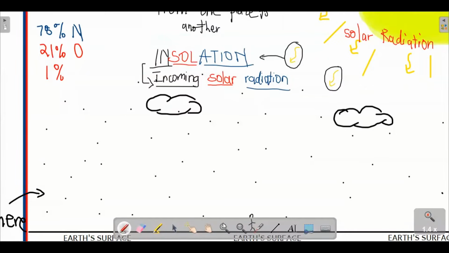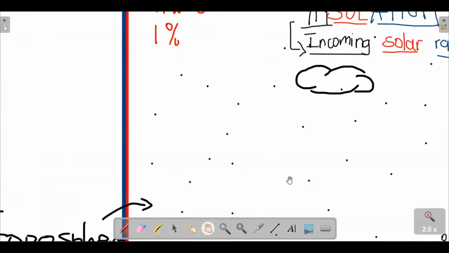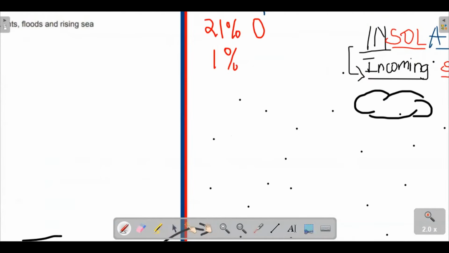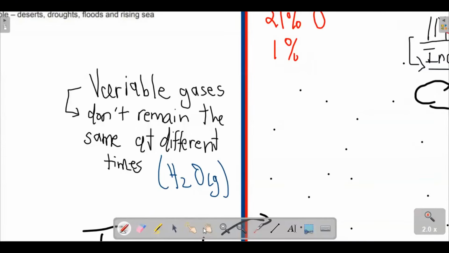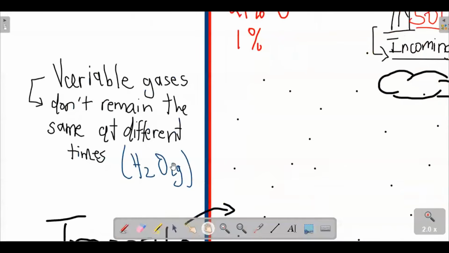And by the way, talking about gases, guys, we have gases that we call variable gases. These are gases that do not stay the same amount. They change according to the conditions, so they do not remain the same at different times. For example, water vapor is not the same throughout the year.